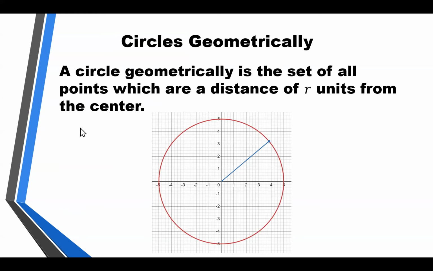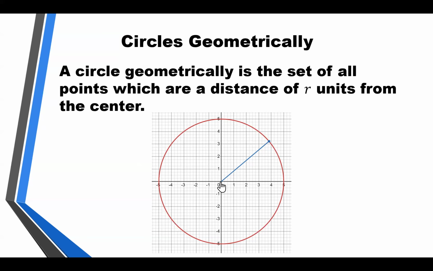Now, what does the circle mean geometrically? Well, it's the set of all points which are a distance r units from the center. I've drawn a circle centered at the origin with radius 5 here. And you can see the drawing here is the radius goes out.